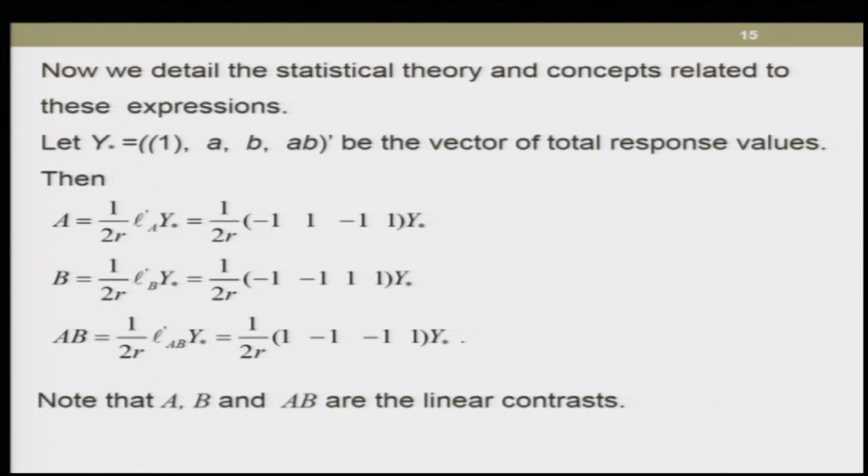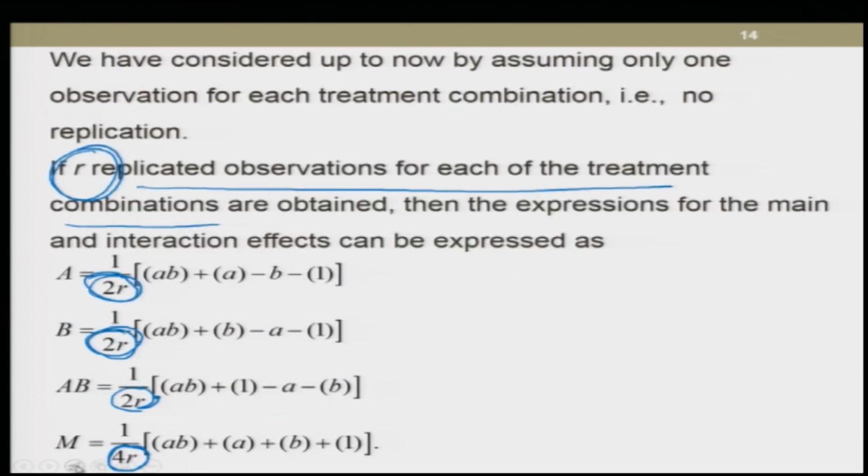Now I try to convert it into a more mathematical and statistical framework. Let me first explain here, and then I will come to a more formal way. What are these things? I can write down here 1 upon 2R. What is this AB? This AB is the value of Y, the output obtained after giving the treatment combination AB.